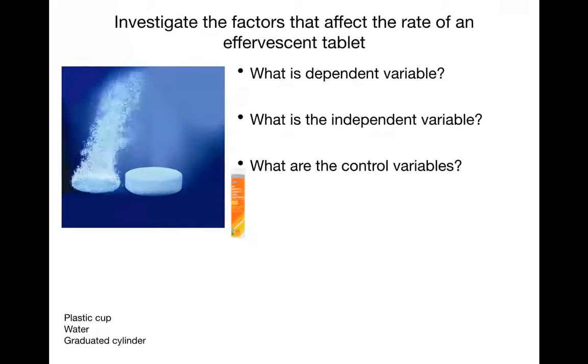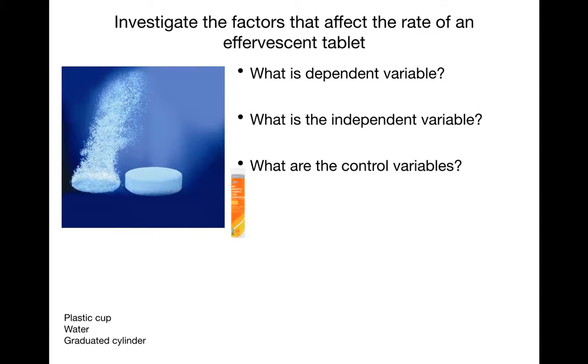So that was my dependent variable. Okay, so a visible result, had it fully dissolved. What was my independent variable? The thing that I was changing, the speed at which I was mixing the tablets. And what are the control variables for me? For example, as I said, there was an equal volume of water, and there was also an equal temperature, so they were both the same.